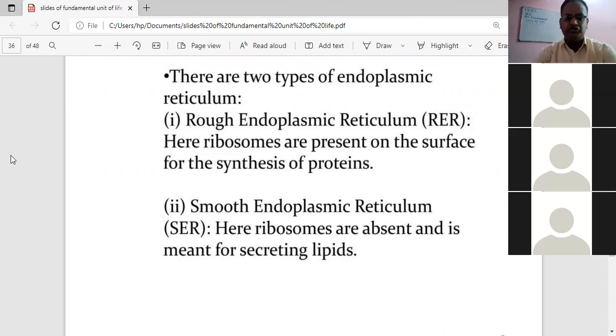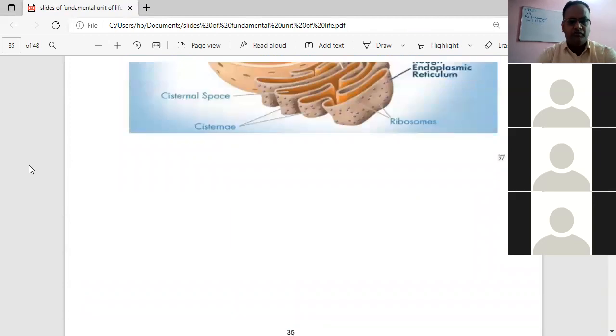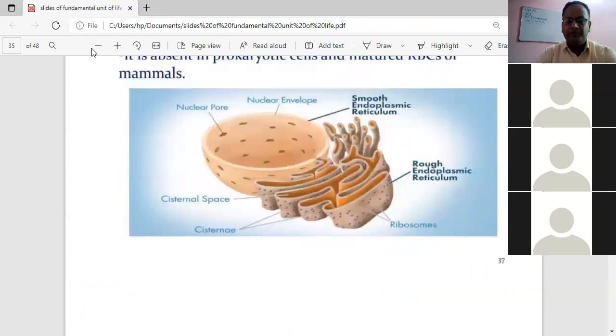Why is it called rough? Because in the image you can clearly see that the rough endoplasmic reticulum is associated with the ribosomes, and due to this association with the ribosome, it is called rough.